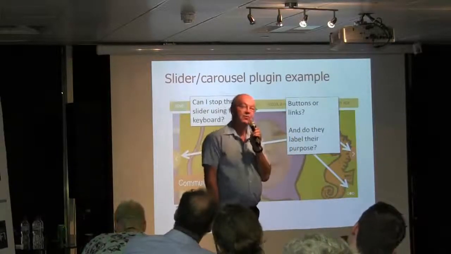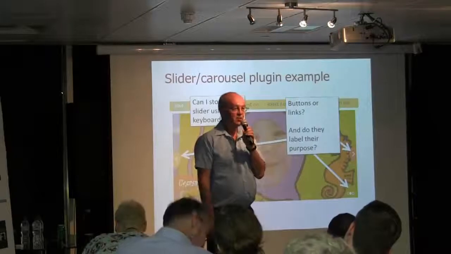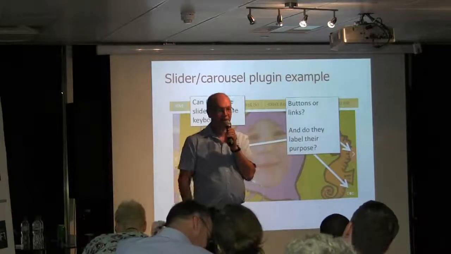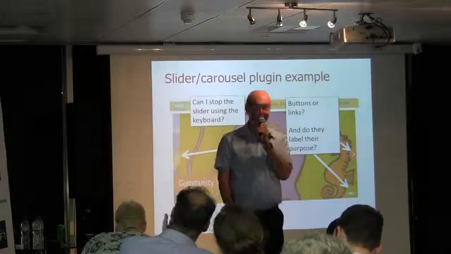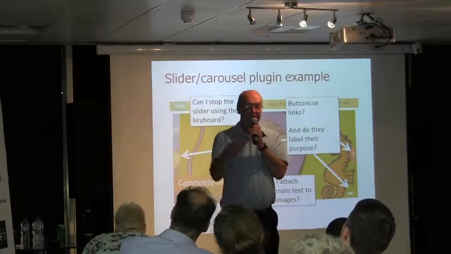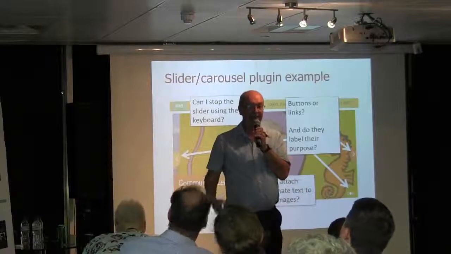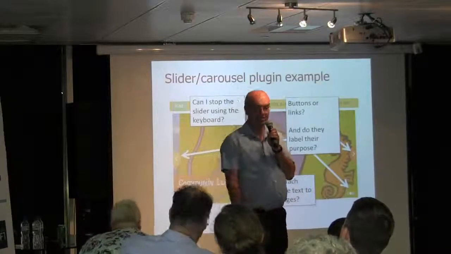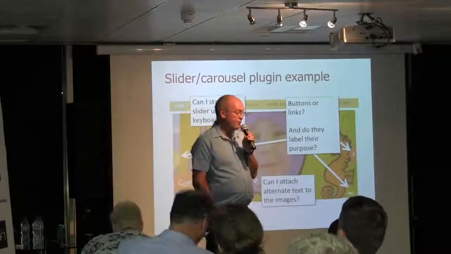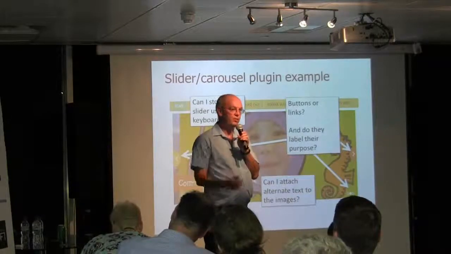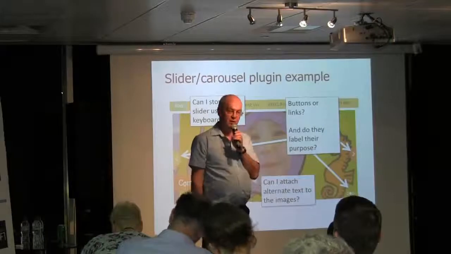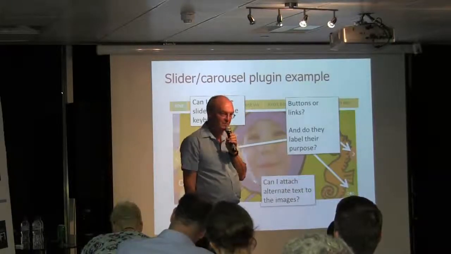I've used JavaScript to pop some useful information into those links to tell people what they're for. And you can do that, by the way. And the other thing is, when you've got big images like that, can I attach alternate text to these images? Hopefully, you'd imagine it would pull whatever the default alternate text is through from your image when you put it into the media section.